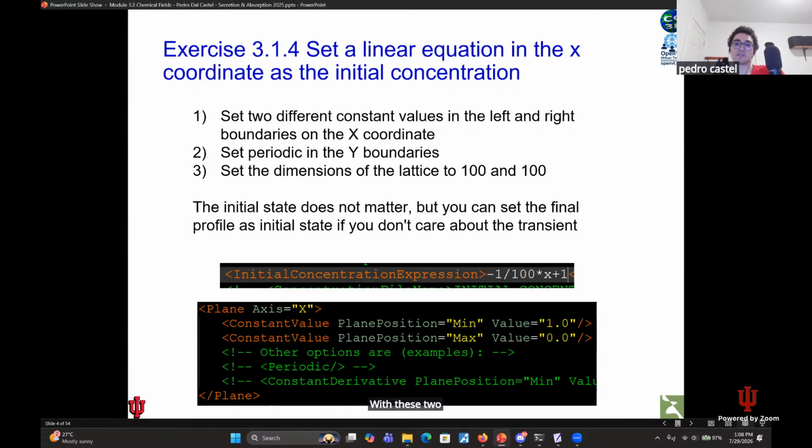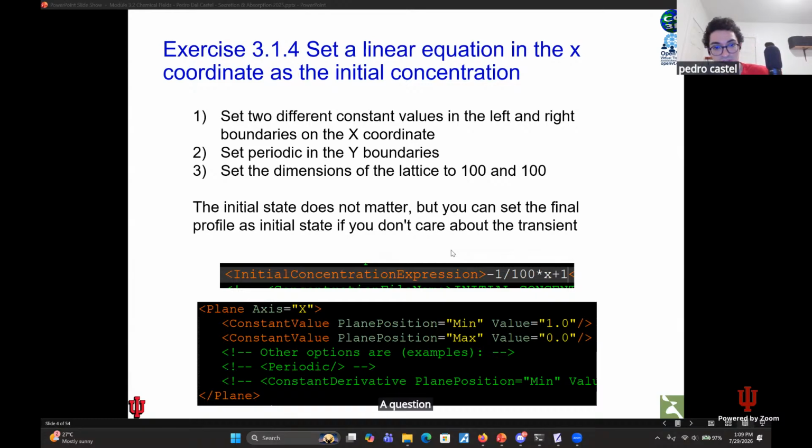With these two changes, you should have your linear field. In my initial concentration expression, I am using 1 divided by 100. 100 is because in this example, I am using a lattice of size 100 in the x dimension. If you're using some other value like 256, then you do 1 divided by 256 instead. Or you can also set the dimensions of the lattice to 100 on the x-axis.